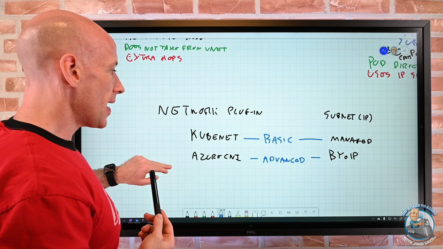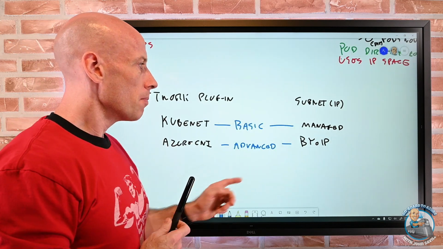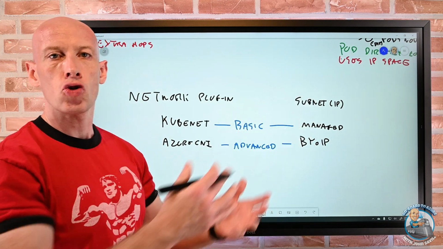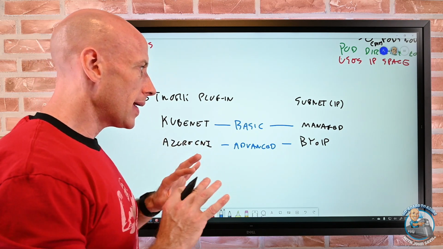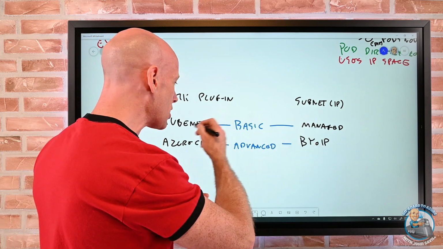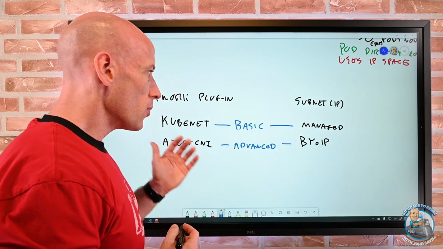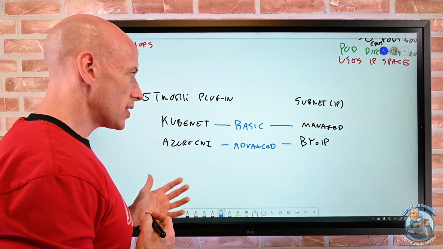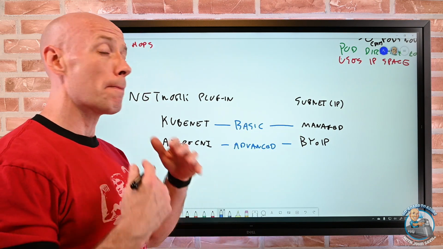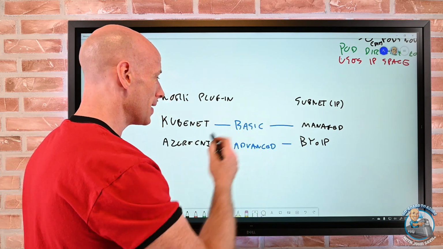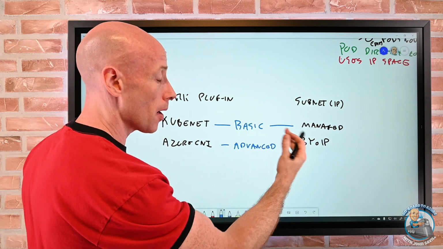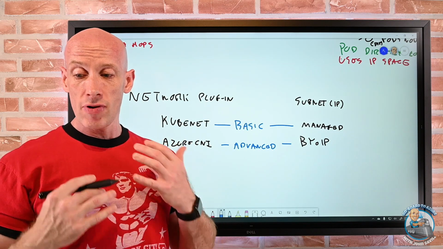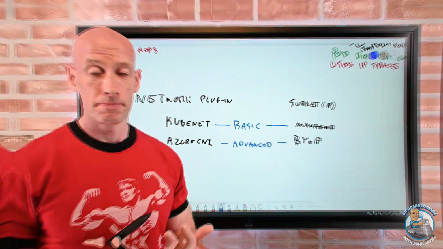Likewise, I could say, hey, I want to use Azure CNI, but you go ahead and create a new VNet and you manage those things. So I can absolutely use any combination of KubeNet with managed or bring your own, and Azure CNI with managed or bring your own. In the portal, basic maps to KubeNet and managed, advanced maps to Azure CNI and bring your own. But you're really not limited to that.